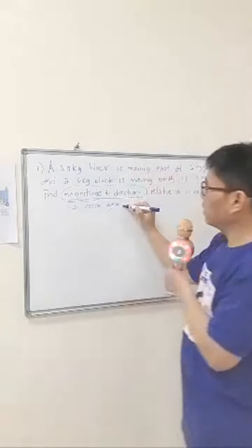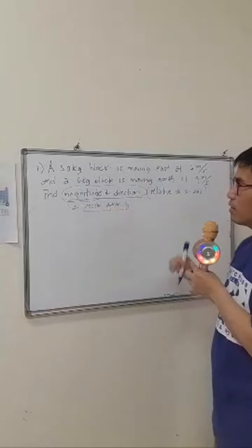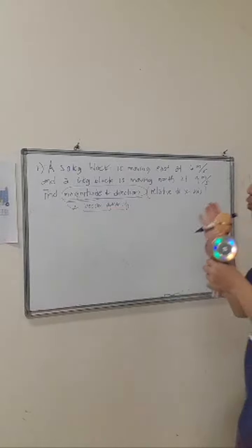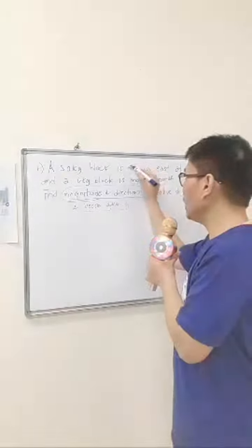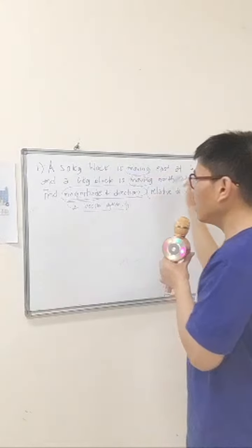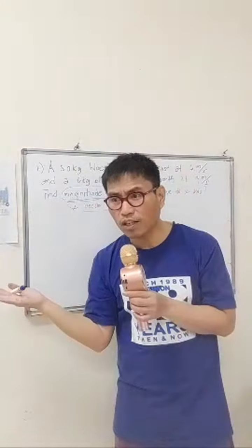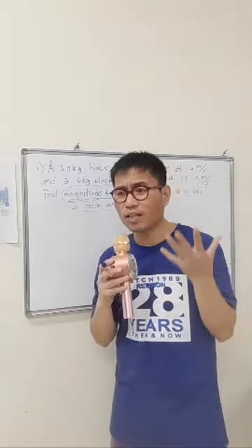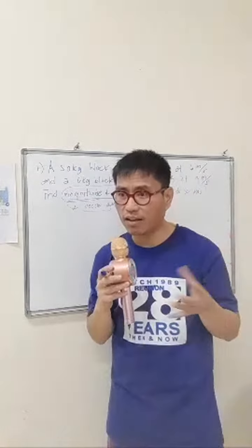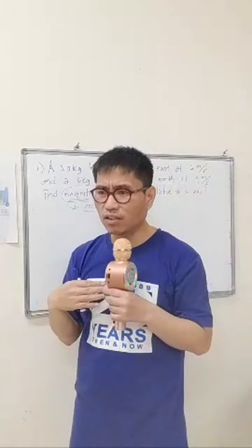But since we know this is a vector quantity, we don't really know yet what this is all about, until we analyze it: there's a moving object, there's a velocity and there's a mass. So what comes to mind is that momentum will be applied. But not all students have this alertness in analysis, so sometimes it becomes wrong.